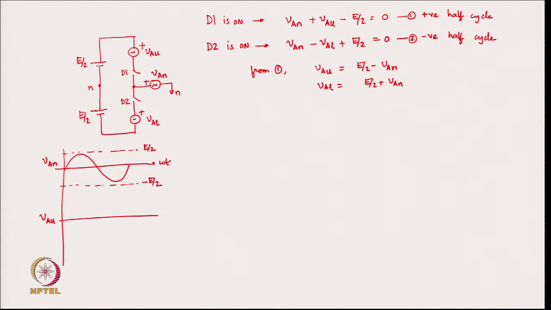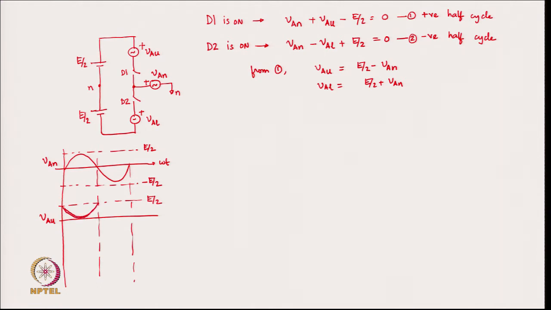If you draw the VAU voltage, as you can see, during the positive half cycle of the AC waveform, that is during this time, there are 2 half cycles. During the positive half cycle it is E by 2 minus VAN. Therefore, if this is E by 2, this waveform is E by 2 minus VAN.